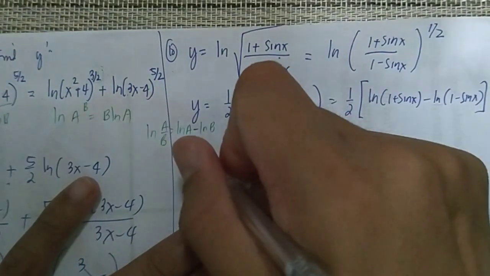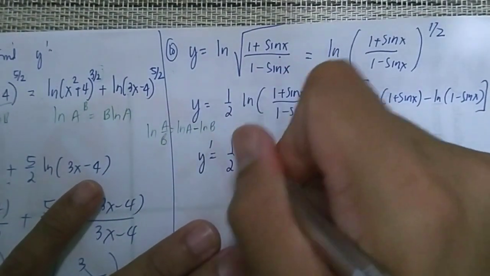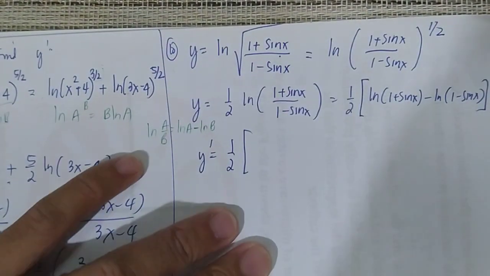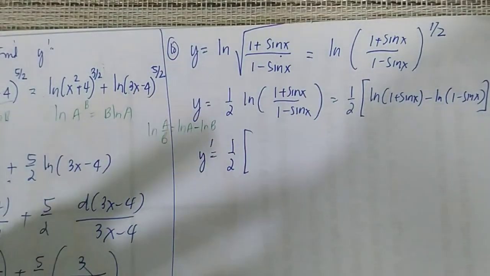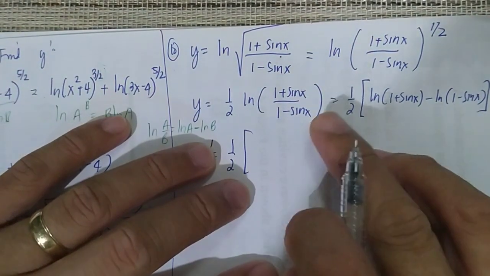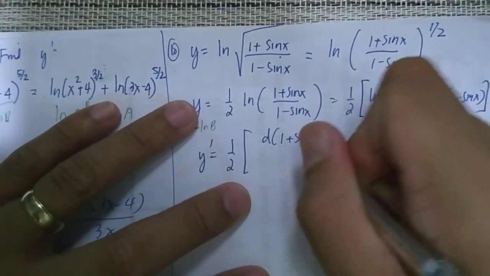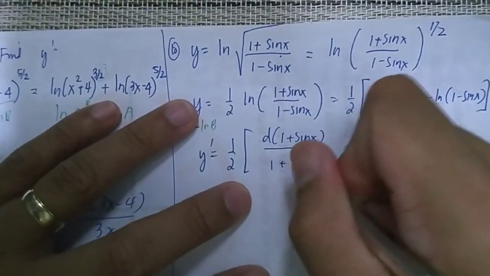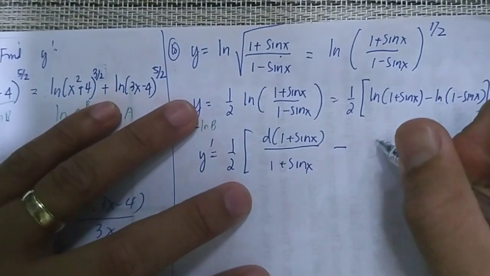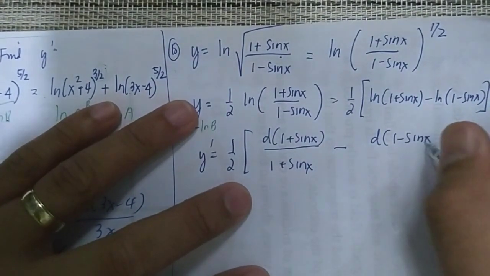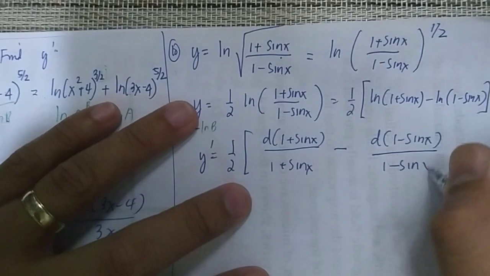So, we can now take the derivative y prime. 1/2 is a constant, so we won't include it in the differentiation. I will just use the derivative of ln u, which is the derivative of 1 plus sine x over 1 plus sine x, minus the derivative of 1 minus sine x over 1 minus sine x.